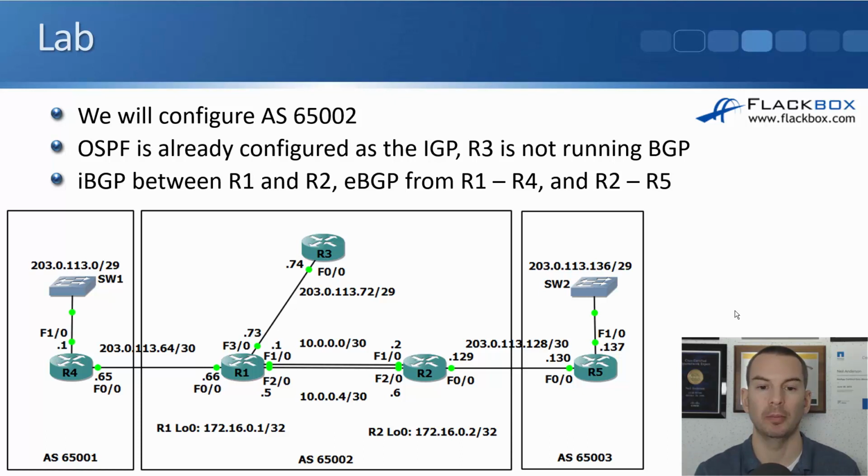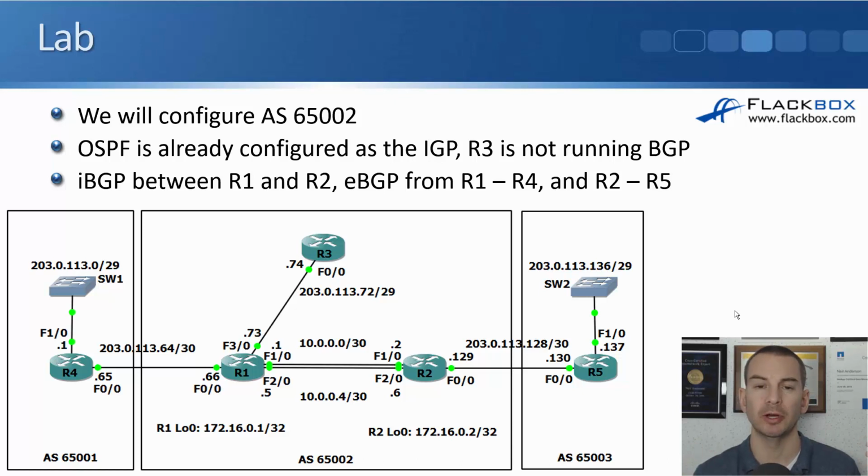You can see that up at the top at R3. What we want is connectivity between all of those public IP addresses everywhere. AS65001 has already been taken care of by that service provider, and AS65003 has already been taken care of by that other service provider. We need to do all the configuration for AS65002.